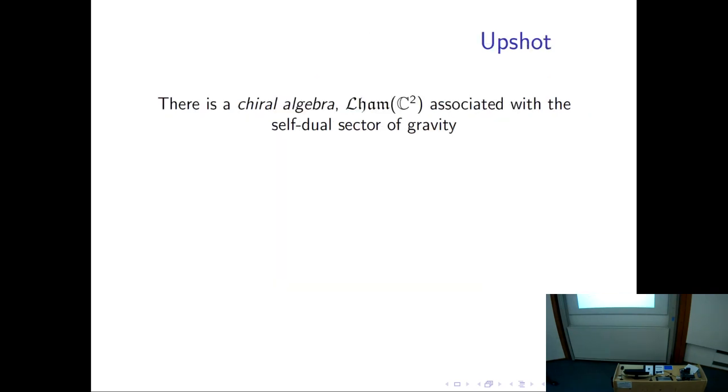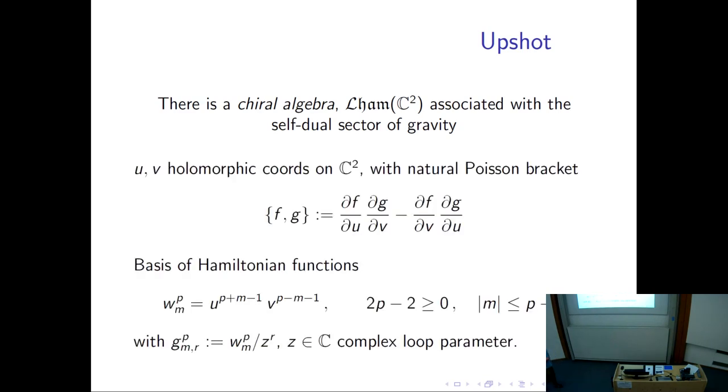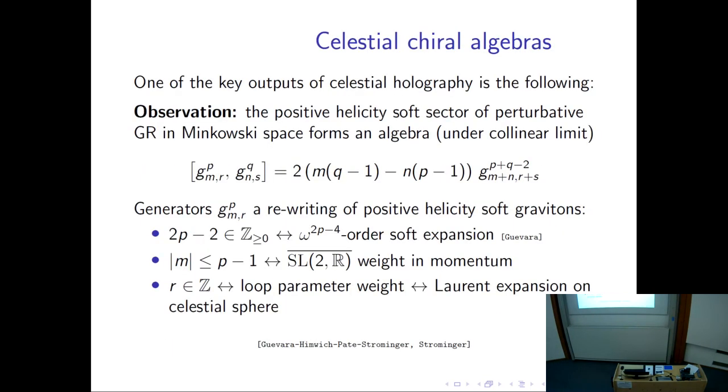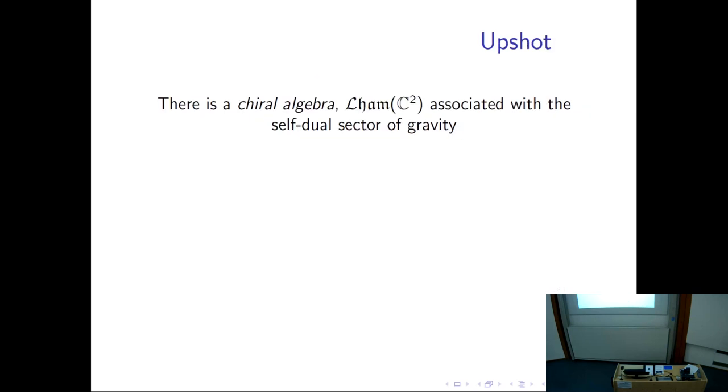So the upshot is that there's this chiral algebra associated with the self-dual sector of gravity, and it's typically called the loop algebra of the wedge algebra of W_{1+∞}. There's some slight technicality about why that isn't technically true, and a more technically correct name would be the loop algebra of the Lie algebra of Hamiltonian vector fields in 2 dimensions. And so how do you see that this algebra is that loop algebra?